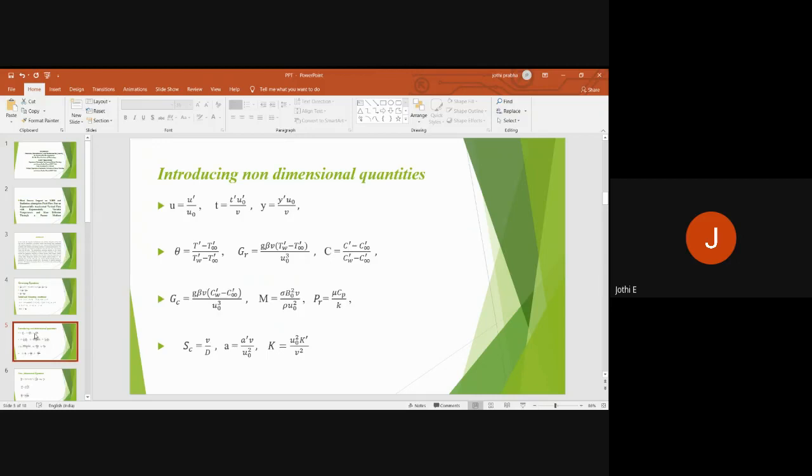I am taking the non-dimensional variables: velocity u and time t, temperature theta, thermal Grashof number Gr, concentration C, mass Grashof number Gc, magnetic parameter M, Prandtl number Pr, Schmidt number Sc, acceleration A, and permeability parameter K.